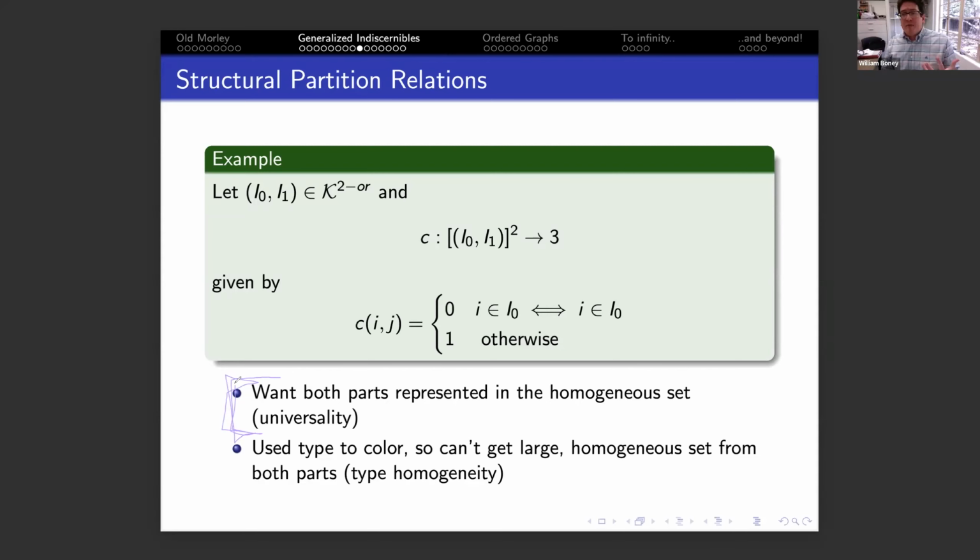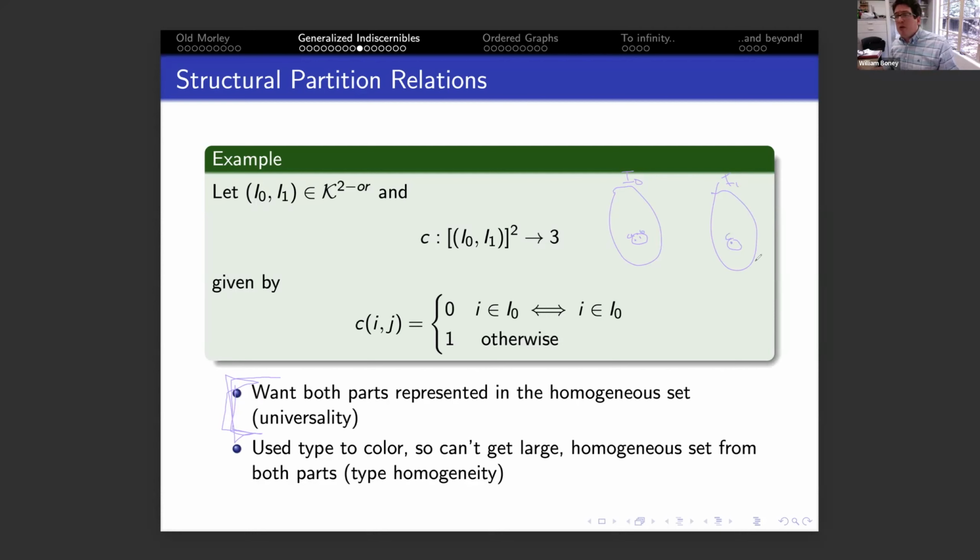And the other thing I might observe is that there's actually no strictly homogeneous subset of this that contains infinite sets from both. Because anytime I have I0 and I1, if I've got big parts from both of these, I have two things in I0, A and B, and one thing in I1.